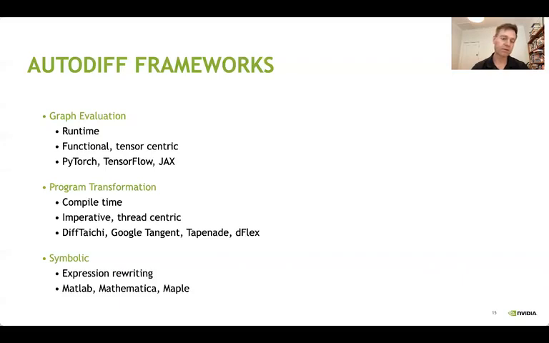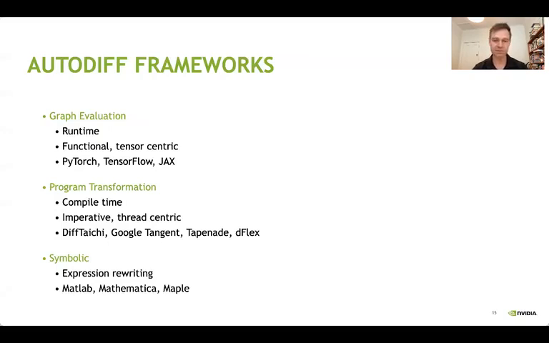The second approach I want to mention here is the program transformation approach. This is slightly different in the sense that, again, it treats the program as a graph, but it performs a compile time transformation. And this typically allows a more imperative, thread-centric approach to autodiff.